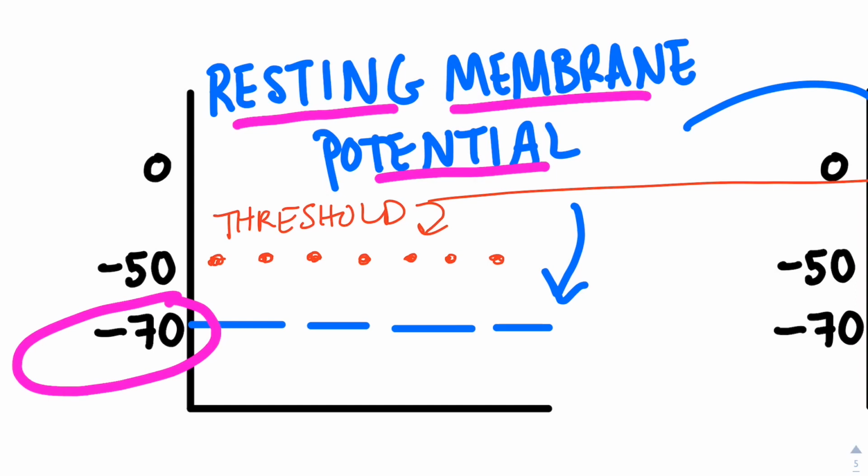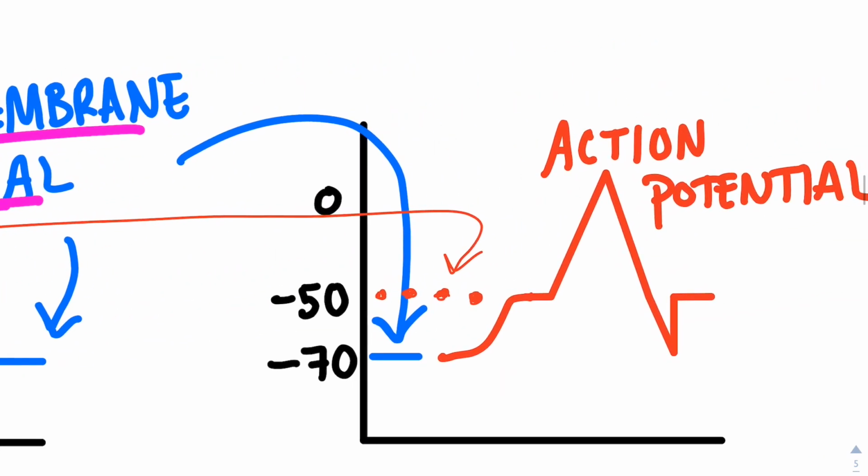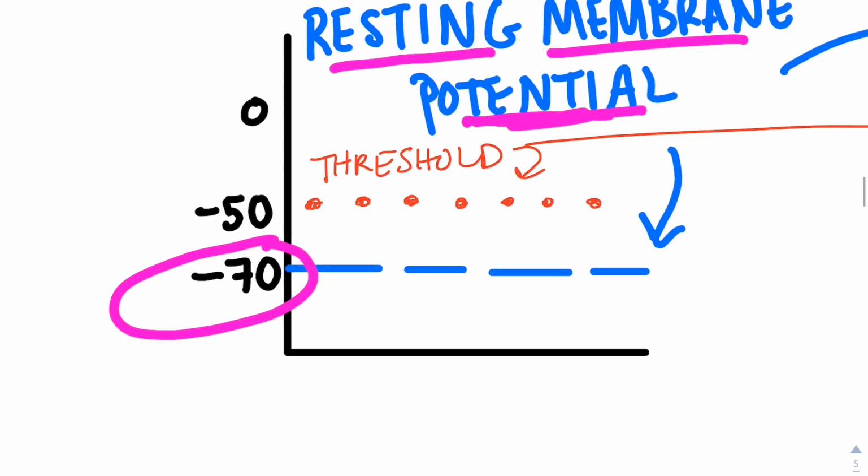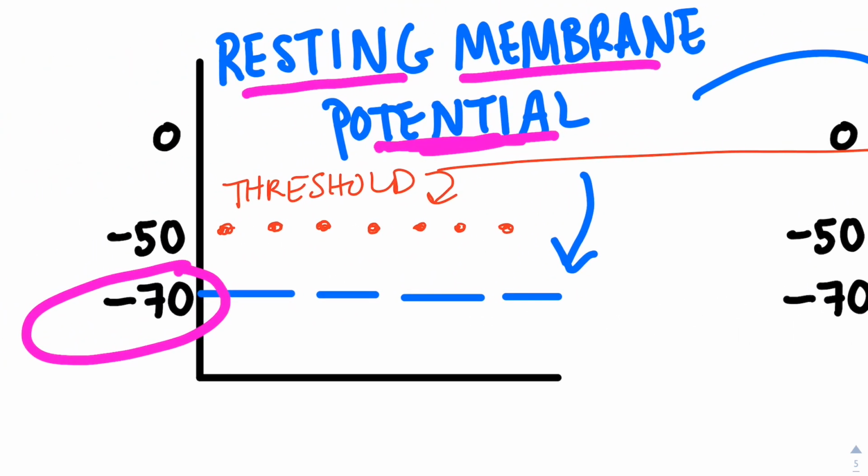And now it has potential energy that can be used. To use that energy, what will happen is you'll get a nerve impulse to use the energy to create an action potential. You'll get an impulse, and since negative 70 is what we would call polarized, now the cell is polarized.